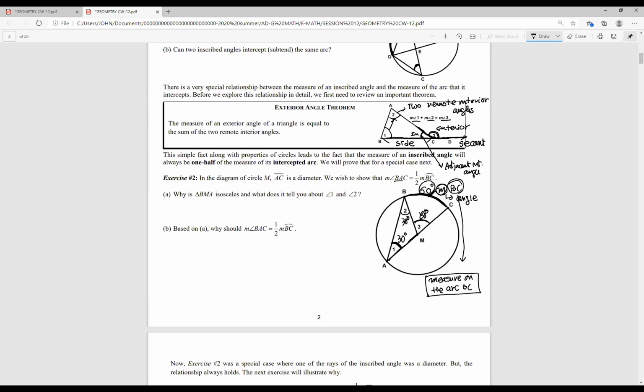The correct name is the measure of the intersected arc. That means the measure of angle AB. That is not length. M means measure, which means angle. That's the angle. All right, now we go next.